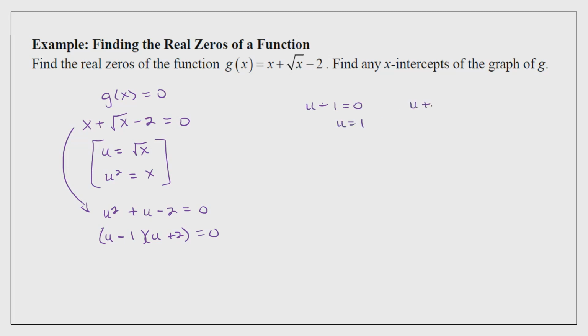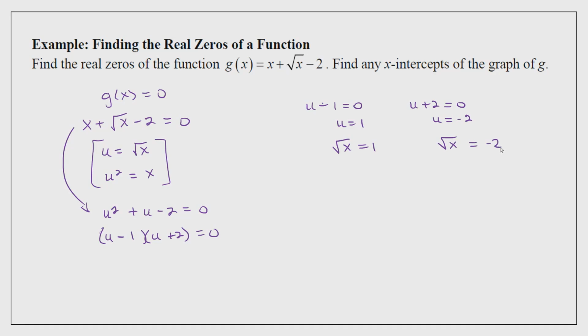And then I have u plus 2 equals 0, so u equals -2. Now I need to back substitute. So I need to find my unknown variable from my original equation. So u equals the square root of x. Okay, so the square root of x equals 1, and the square root of x equals -2.